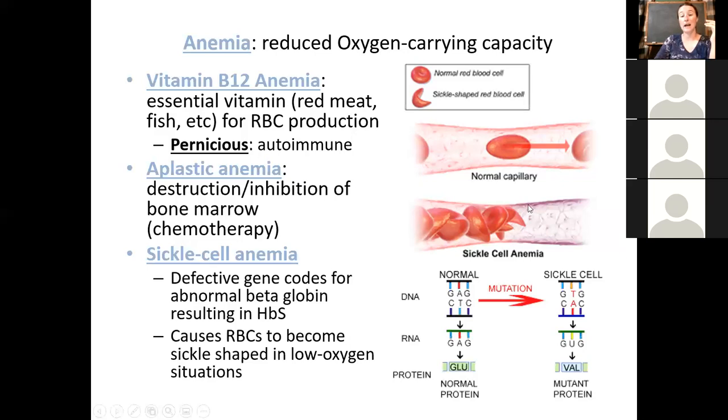And these actually get trapped in the capillaries. And so of course blood flow stops along these capillaries, and this can be fatal in many circumstances. And so again, this is one single nucleotide mutated that leads to this very serious issue. And again, we'll talk about that a week from today.